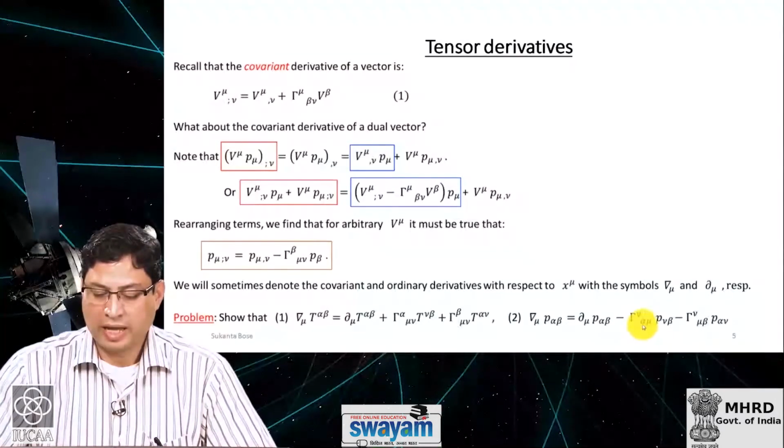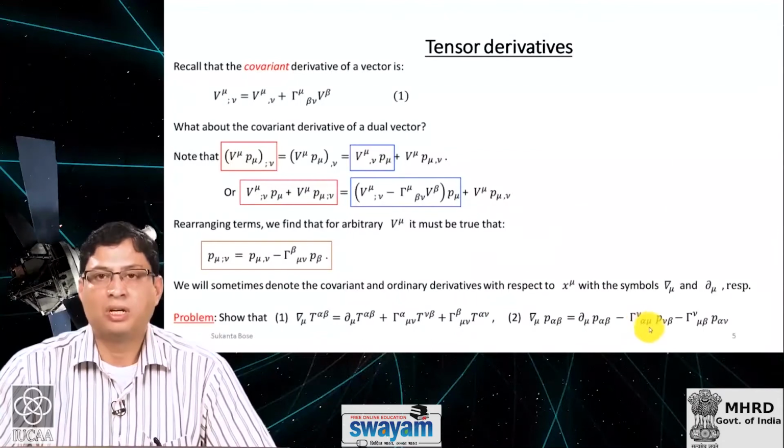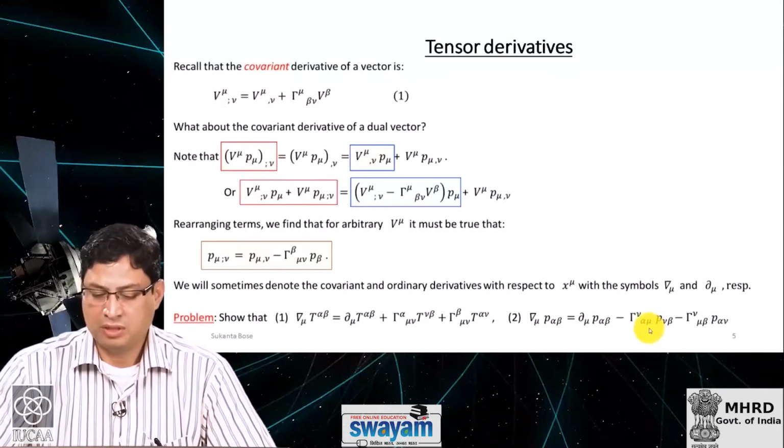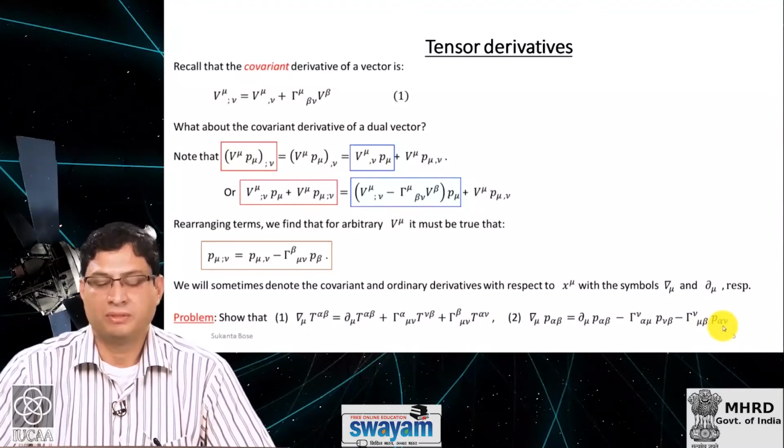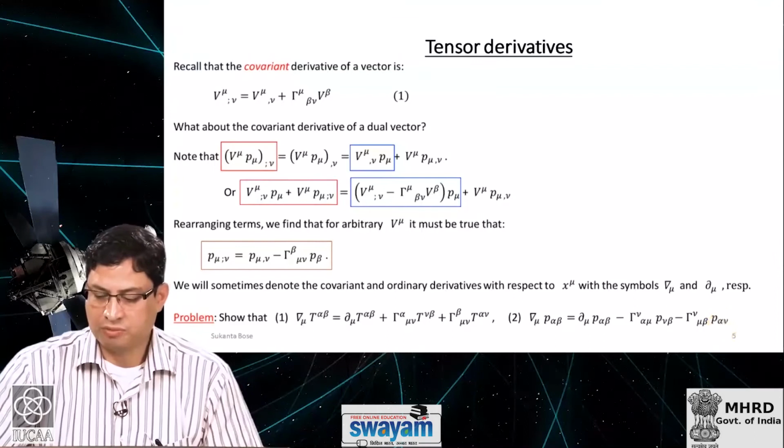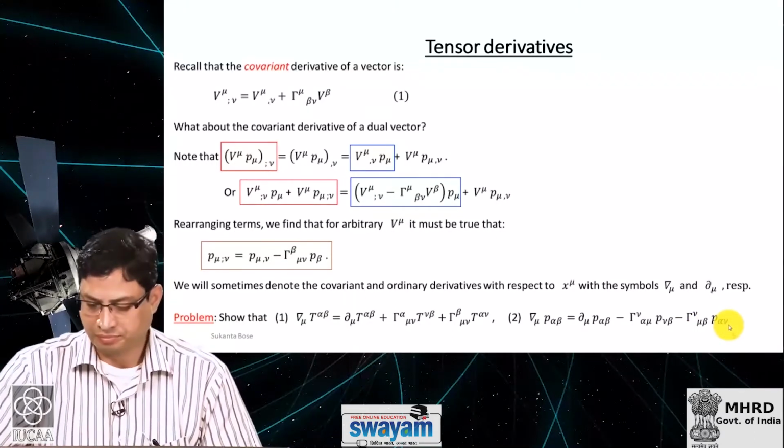So, alpha now is one of the lower indices of that symbol. Mu is retained. Mu is in fact the derivative index. Okay. In the second case, you do the same thing, but you just swap alpha and beta. Okay. Of course, paying attention to the respective places in which they occur.